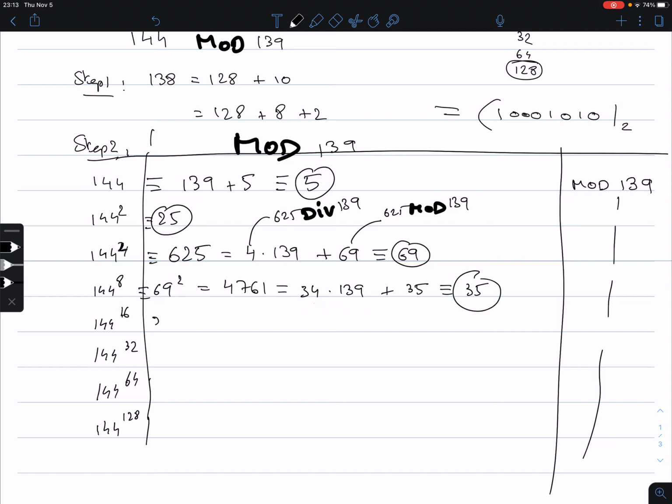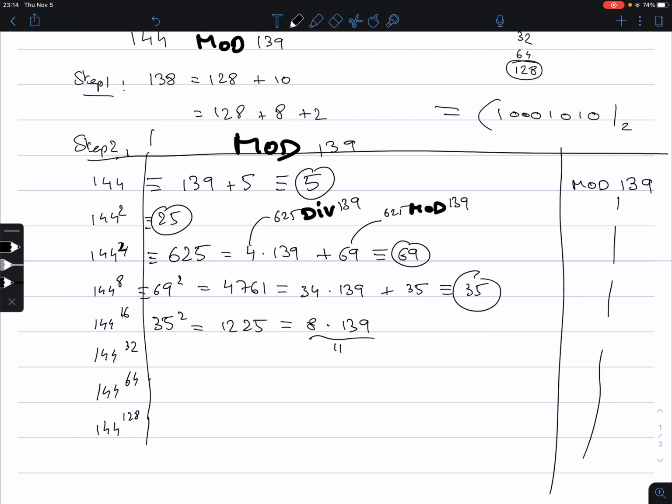Now I'm going to square this, 35 squared. 35 squared is 1225. Now I have to divide this by 139. The result is 8.8, but I'm going to take the floor of that, so that becomes 8. 8 times 139 is 1112.